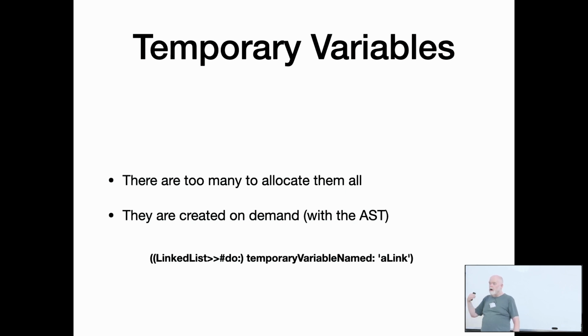And then it will allocate the temporary variable object and put it into the scope. So that happens automatically when you do name analysis. If you ask for an AST, you get back an AST with the instantiated temporary variable objects ready to use. And then we have some methods that you can ask for them independently. But I think this one instantiates the AST in the background, to make sure that these are the same objects.